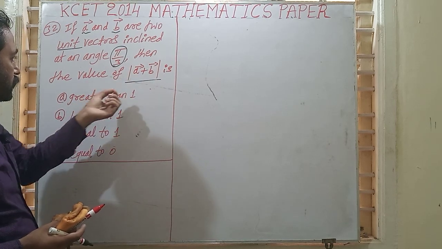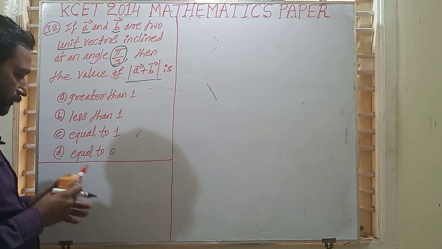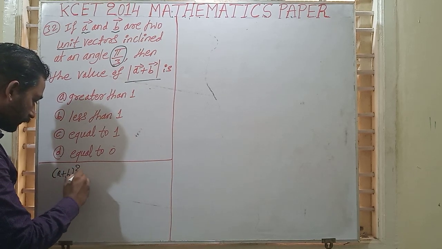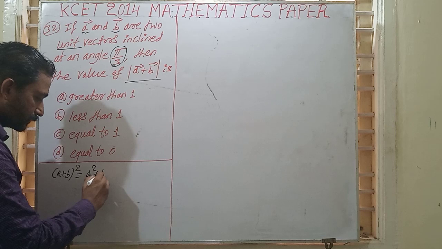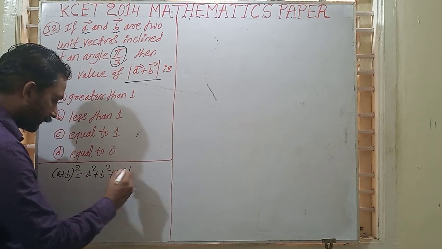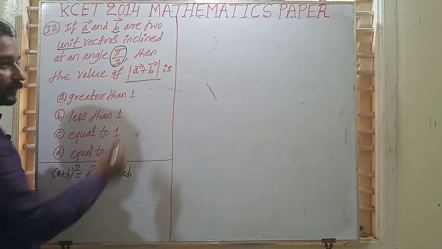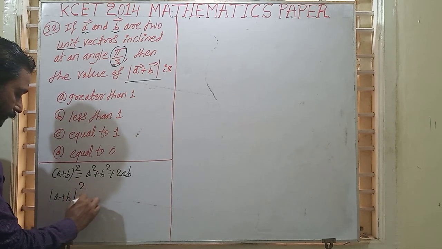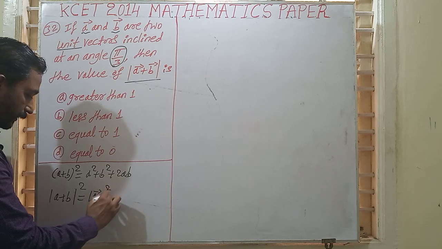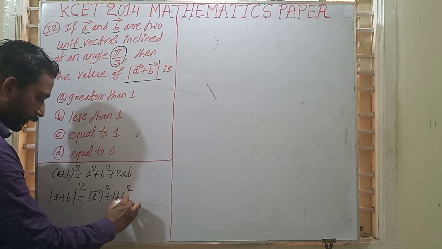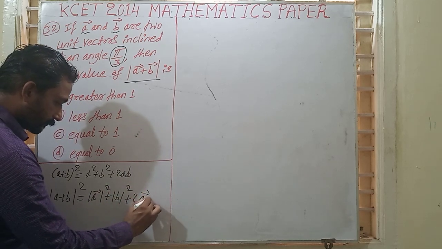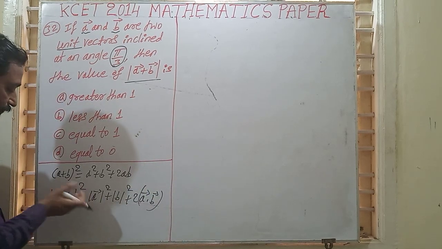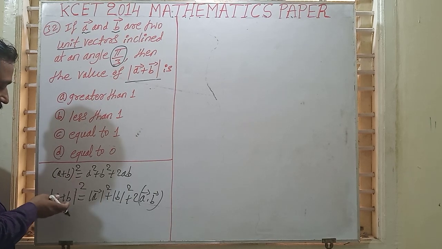Using the formula, in real numbers we very well know A plus B whole square is equal to what? A square plus B square plus 2AB. The same way we can write the magnitude of A plus B whole square as magnitude of A square plus magnitude of B square plus 2 into A dot B. Using this formula we find the magnitude of A plus B whole square first and then remove the square to get the answer.